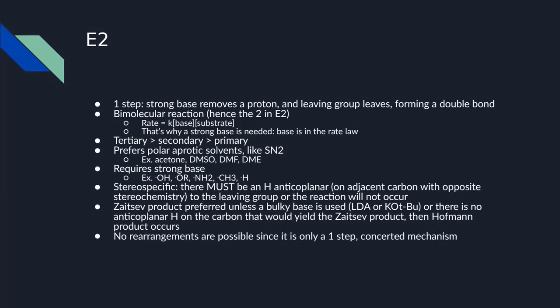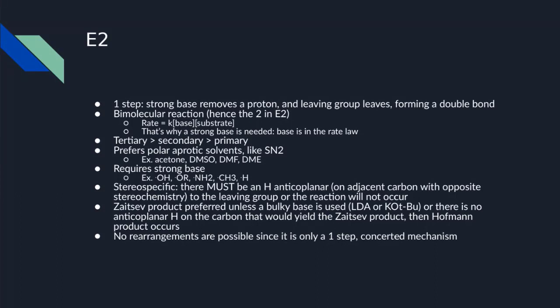So if your leaving group, let's say, is a bromine on a wedge, then you need a hydrogen on a dash on one of the carbons adjacent to the carbon that the bromine is on in order for E2 to happen. Otherwise, it'll either switch mechanisms altogether or it can make the Hofmann product, in which it will just go to the opposite carbon if it can find an anticoplanar hydrogen over there.